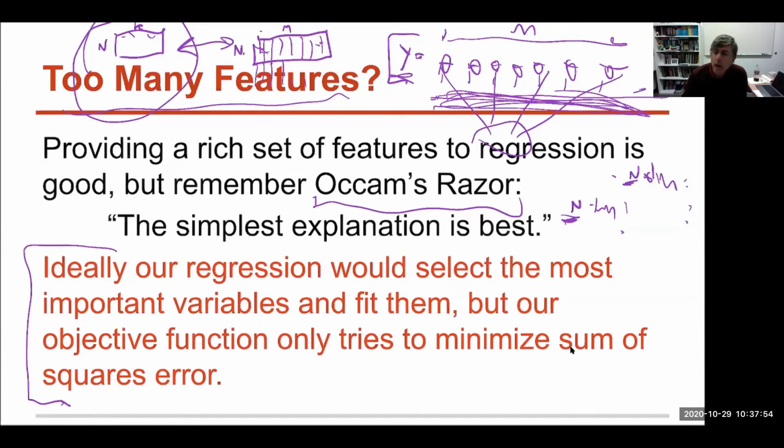Someone on the chat says maybe one that has a low correlation, where the individual variable has a low correlation with the target that you're trying to predict. Okay.